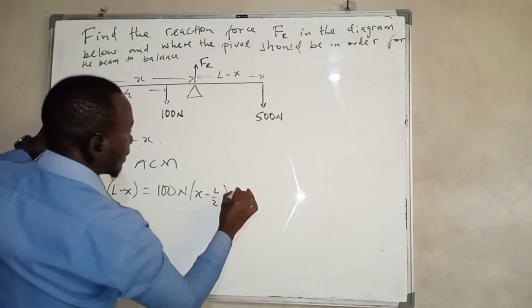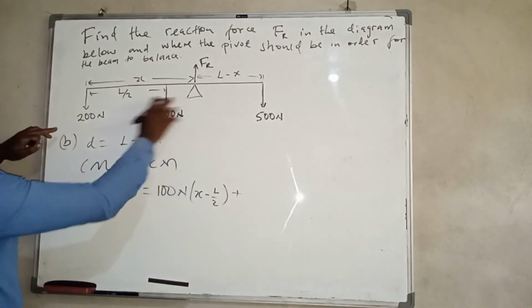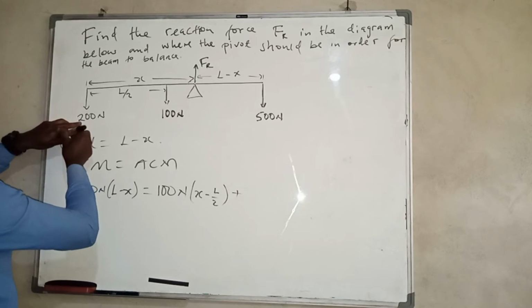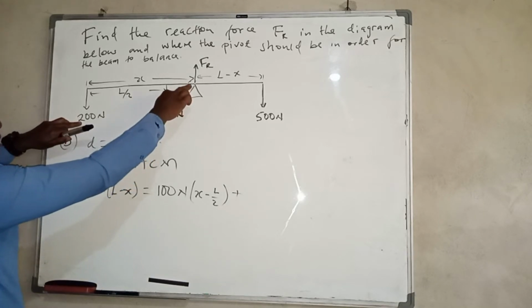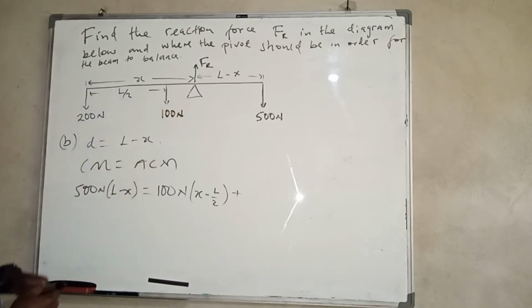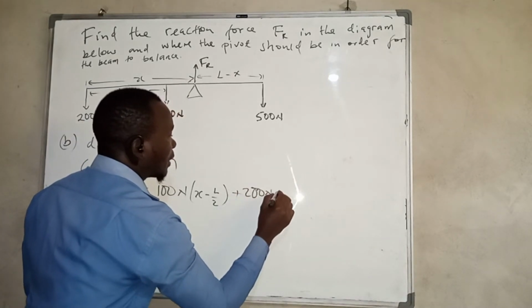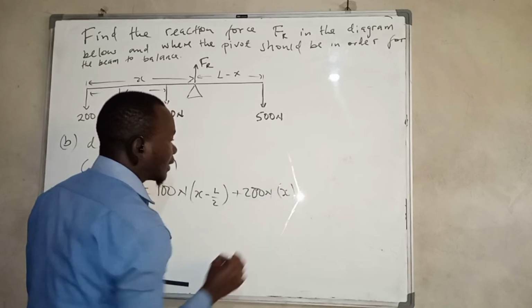Then plus, for the 200 newtons, we have 200 newtons as force, and the distance from the pivot is equal to X. So we have 200 newtons times X.